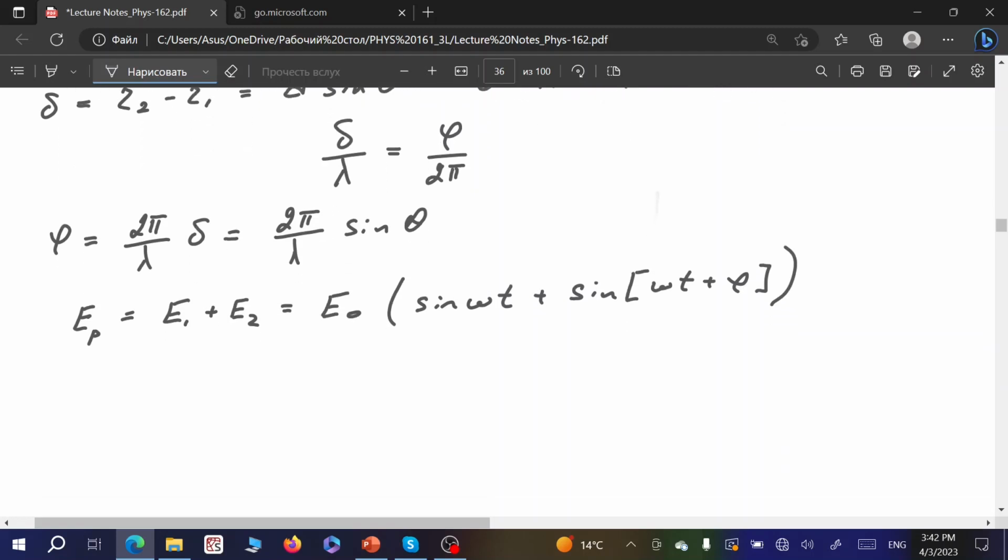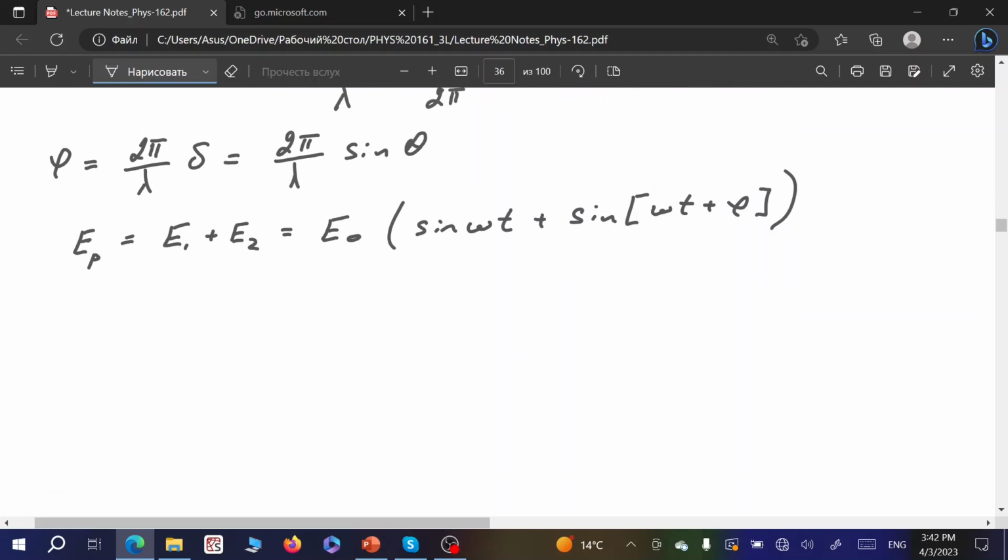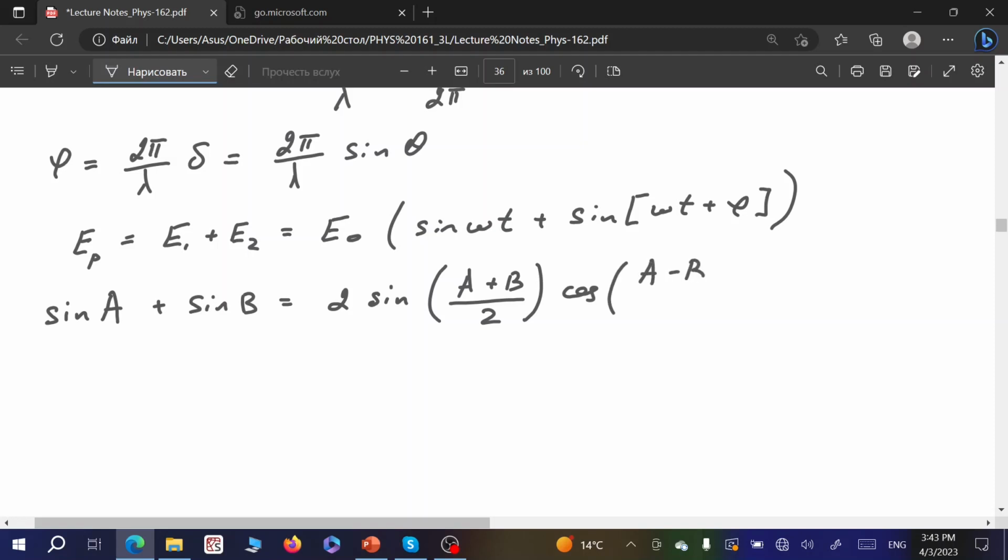We can proceed further, taking into account some trigonometric identity. So in general, we can write that sinus A plus sinus B will be equal to 2 sinus A plus B divided by 2 times cosinus A minus B divided by 2.